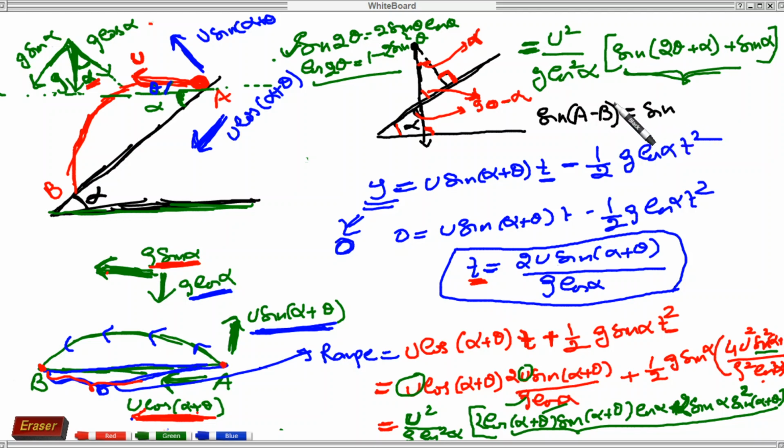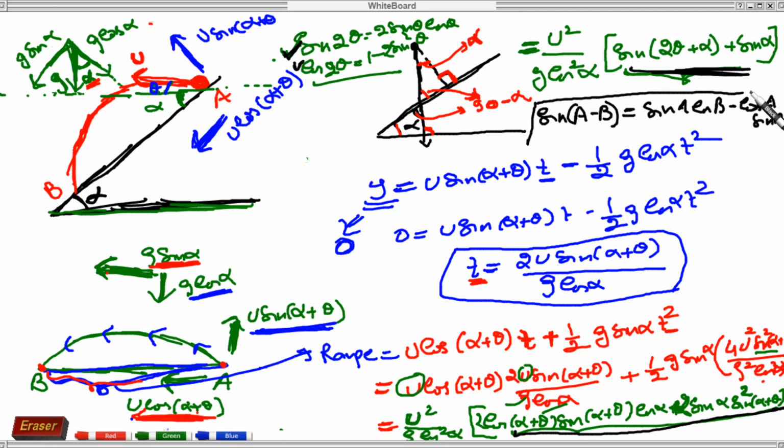So you try using these formulas to convert this equation to this one. That's a part of trigonometry and a part of your maths, but let me tell you the formula first. Sine a cos b minus cos a sine b. So this is the main formula.